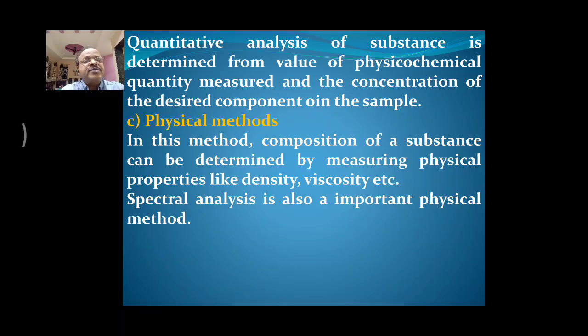Quantitative analysis of a substance is determined from the value of the physicochemical quantity measured and the concentration of the desired component in the sample. Here by mistake it is ON, it should be IN, in the sample. So in physicochemical methods we can come to know the optical density.